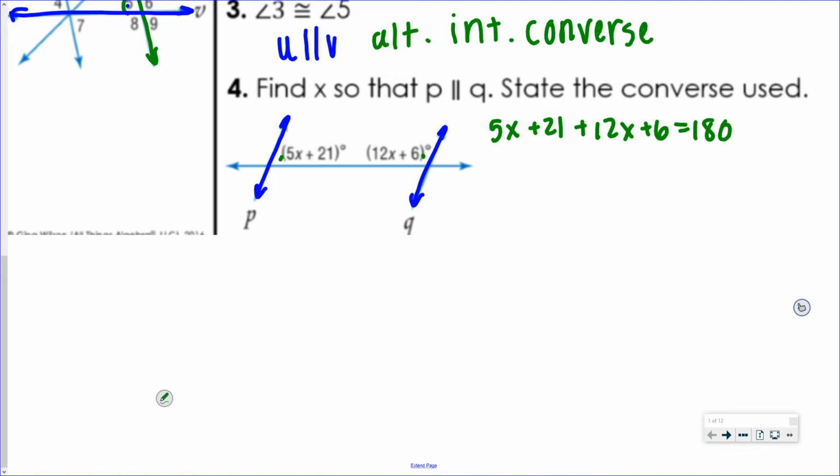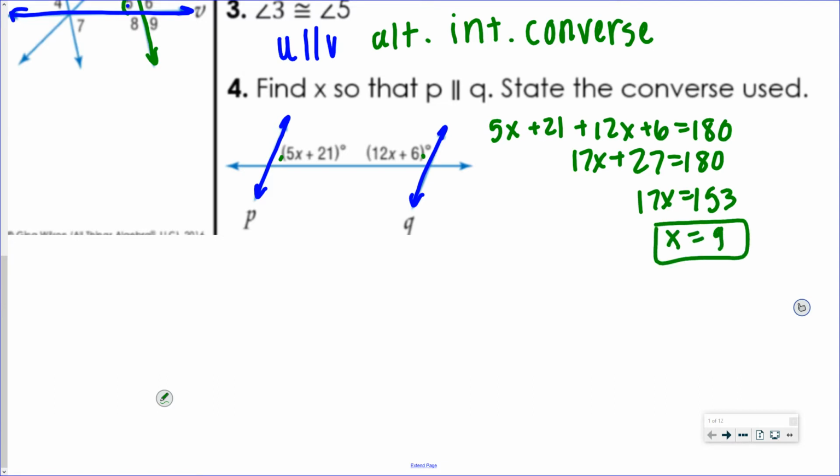Okay, I think I got X to be 9 when I solved this. And the theorem used, consecutive interior converse. Okay, there's a little review over 3.5 for ya.